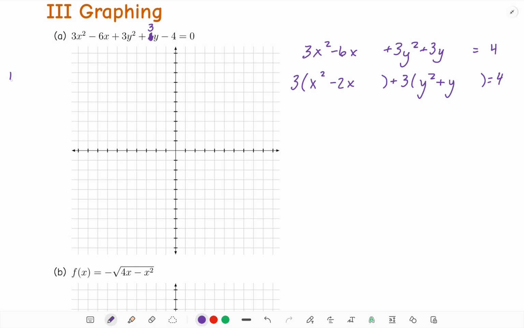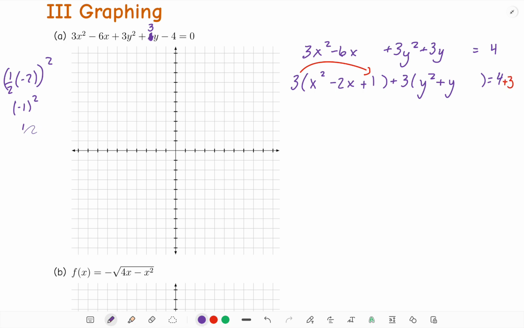Take half of b squared, which is -1 squared, which is 1. So I need to add a 1 here. But that 1 is technically 3 times 1. So that means I add a 3 over here.